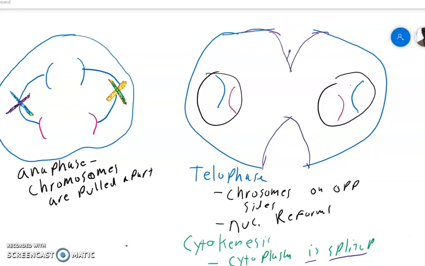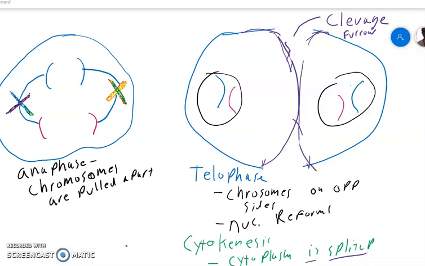And I successfully drew a space alien, I think, or a very angry praying mantis. But this invagination is called a cleavage furrow. Now you see why I was worried about what I was drawing. So in reality, this cell is going to be more round, and then this cell is going to be more round. So we end up with two cells that are identical.